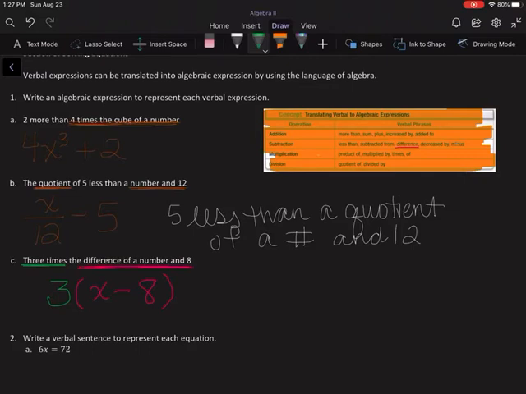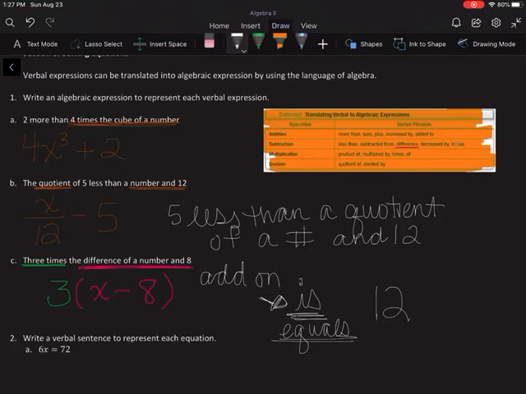If I add in, 3 times the difference of a number and 8 is, or equals, let's say 12, if I add this on, it becomes an equation.